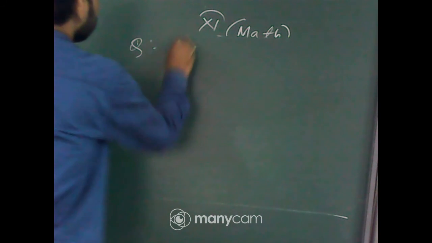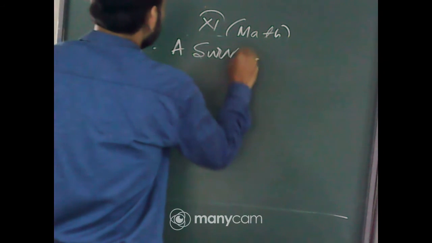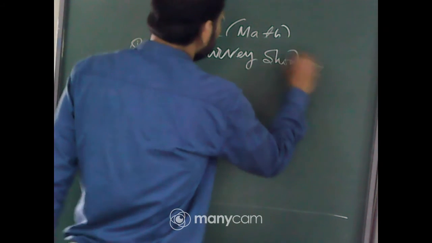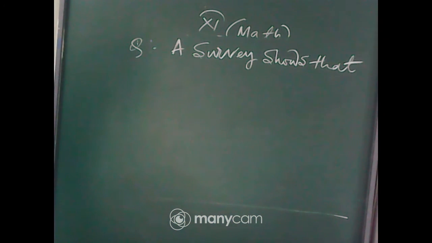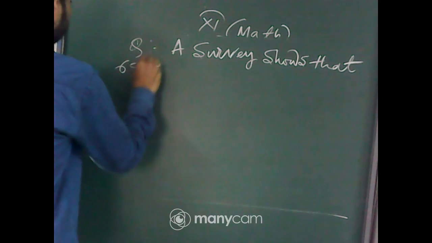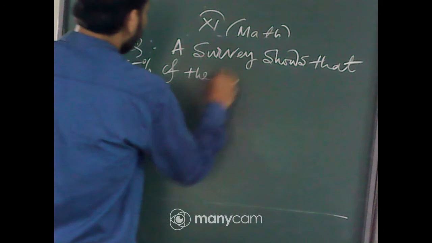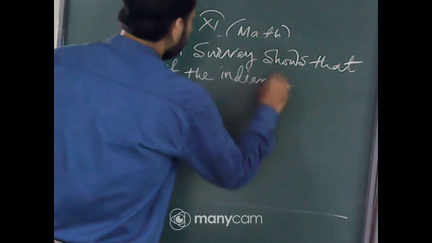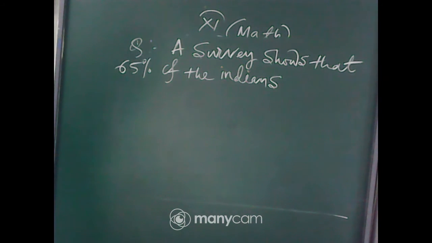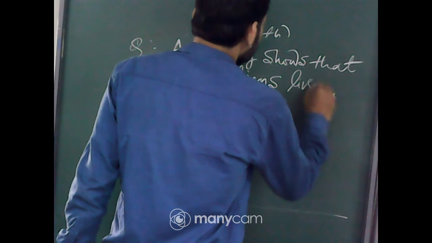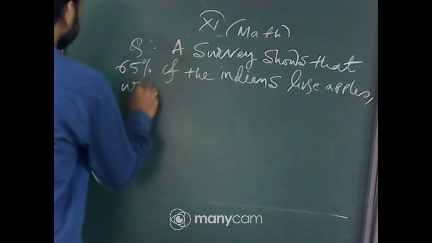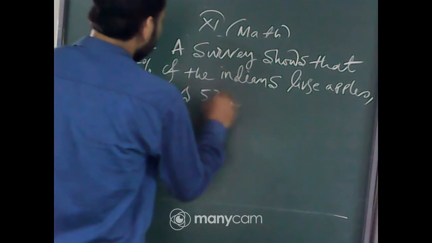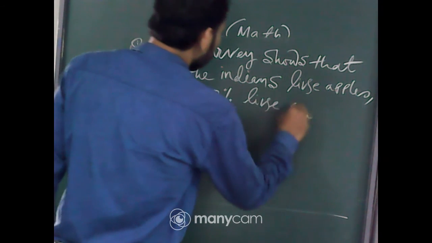A survey shows that 65% of the Indians like apples, whereas 52% like oranges.